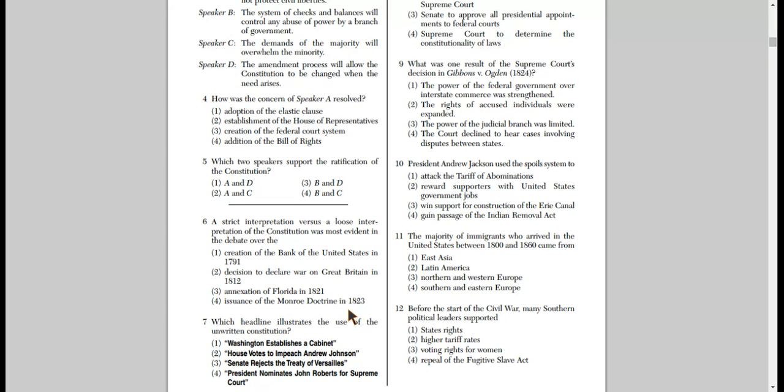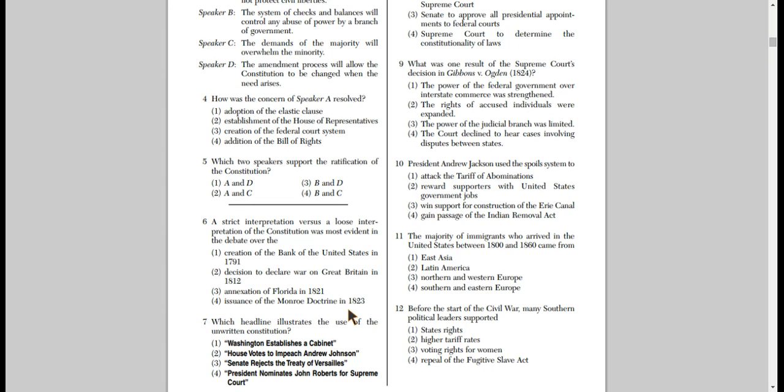All right, so you're going to pause, get rid of 2, choose your answer, and come back. All right, so this is a tricky question. Maybe you got rid of 2 and 3, and the right answer would be creation of the Bank of the United States in 1791, because we didn't have a plan for that.